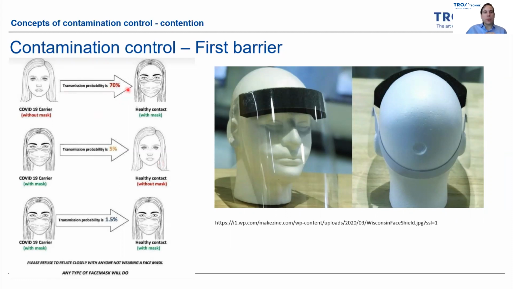It's important to stress that it's not just me using the mask to protect myself. The patient who has COVID also needs to use a mask, because the mask avoids spreading it around the environment. It stays in the mask. So the use of masks helps. There are several studies showing it reduces the risk of contamination significantly.